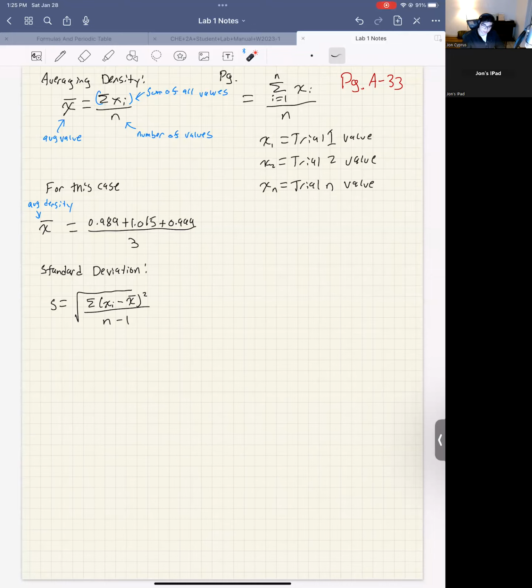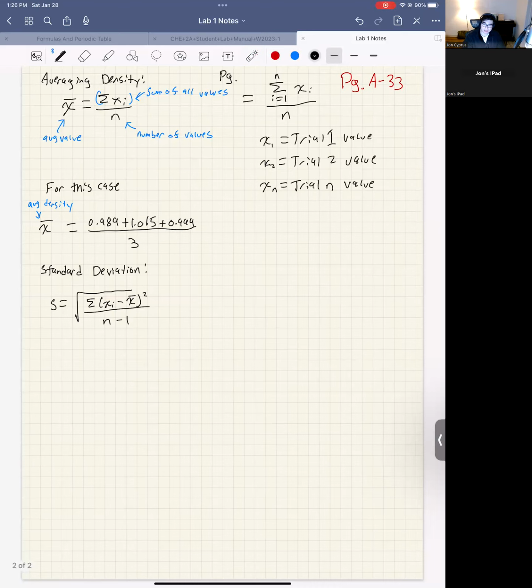So if we're looking at this, it's kind of the same terminology as before. We have this xi, and we're summing all these things up. Again, this is each trial. So x1 is your first trial, x2 is your second trial, x3 is your third trial. In this case, you only have 3. You may have 5, 10, 20 in the future, probably not 20, but you can have more than 1 or 2 trials. You can have as many as you want.